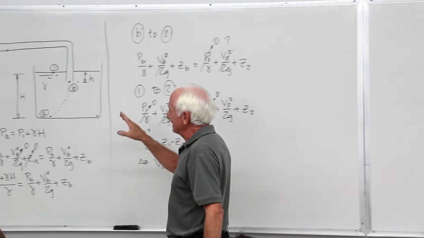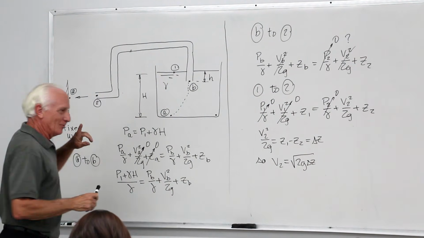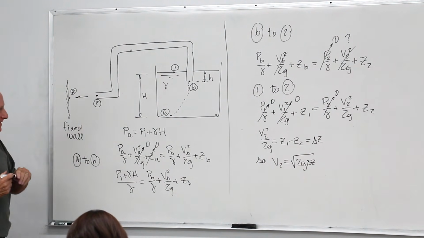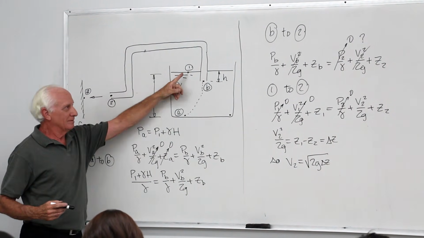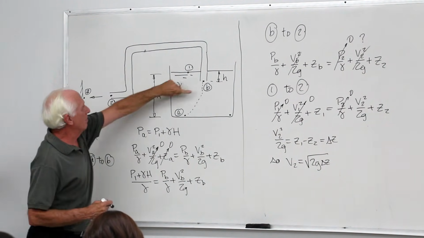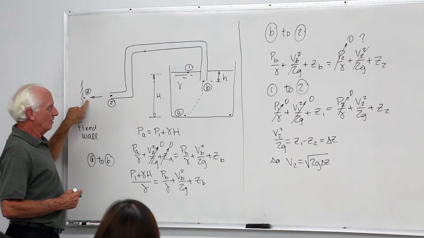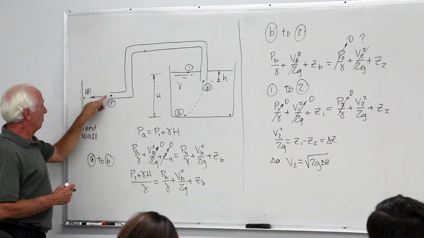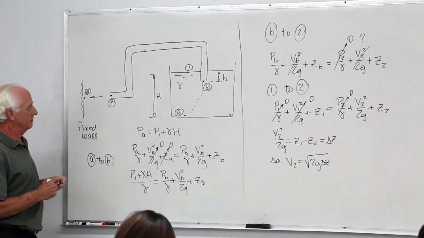So, there's lots of ways to solve that problem that you had for homework. And by the way, you were asked to find the stagnation pressure. You want to start at 1, go all the way around until you get to there. Or if you'd rather, go from Bernoulli's, go from 2 to there.